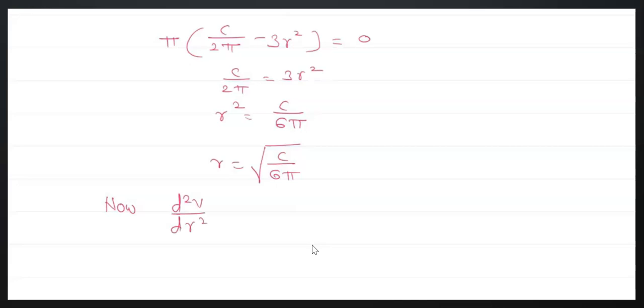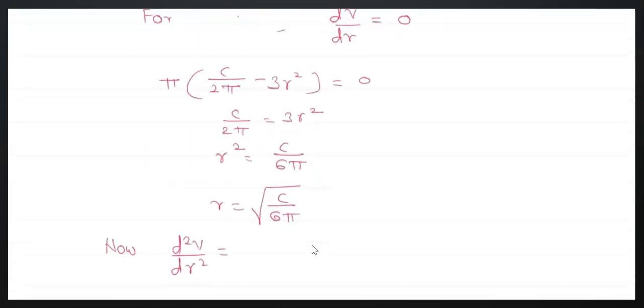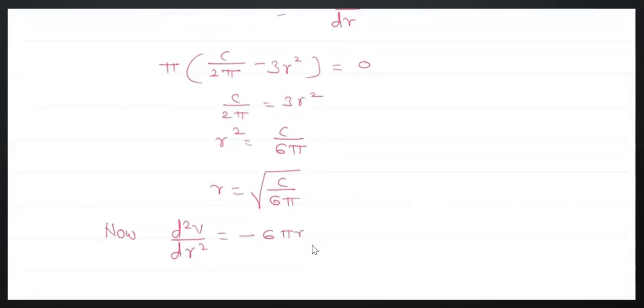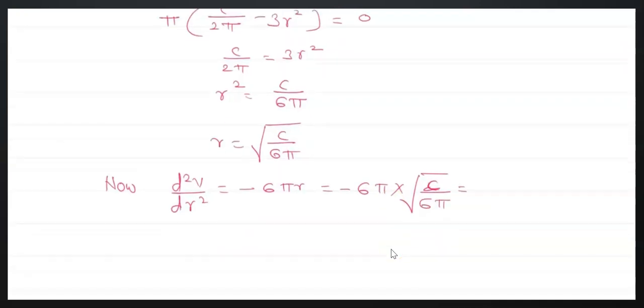Now the second derivative, that is minus 6 pi r, and the value of r is minus 6 pi into root of c upon 6 pi.